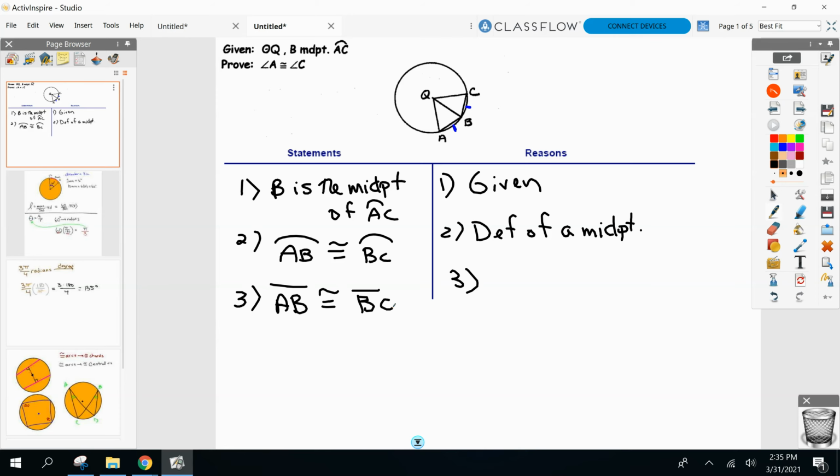Because congruent arcs imply congruent chords. Good. Congruent arcs, which I just wrote down in step 2, mean their chords are congruent. Perfect. There's one pair of sides in the triangle. Others you see? Anybody else?